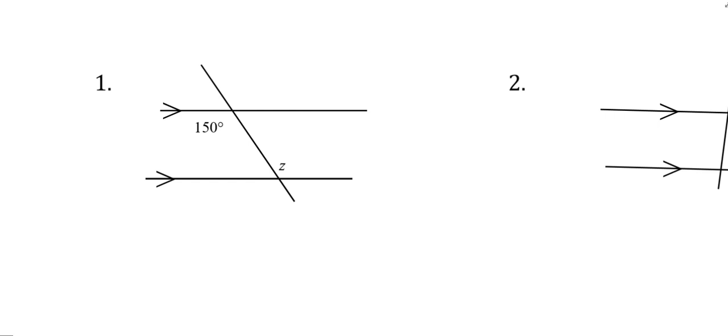What shape, don't shout it out please, because I want everybody to think about it. What shape can you find, can you draw in the first diagram, C, F, or Z, that gets both angles that we have here? See if you can do it lightly with your pencil, because if you make a mistake, you want to be able to erase.